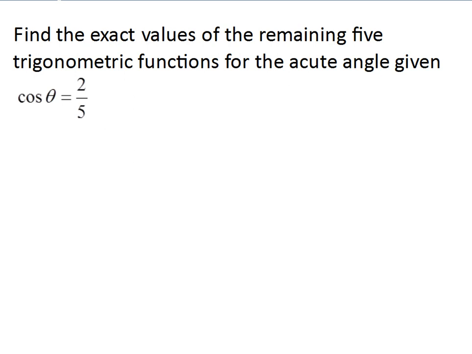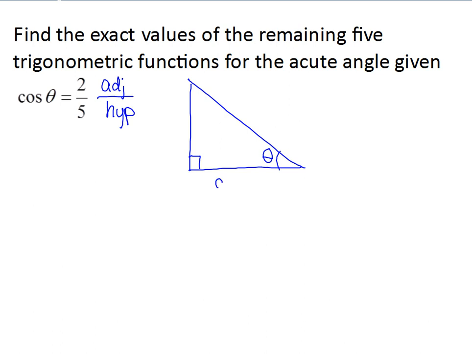Now we need to find the remaining 5 trigonometric functions if we know one of the functions currently. So if this is our triangle, cosine, remember, is the adjacent over the hypotenuse. Our adjacent side is down here. Our hypotenuse is up here. We need to find the opposite side.